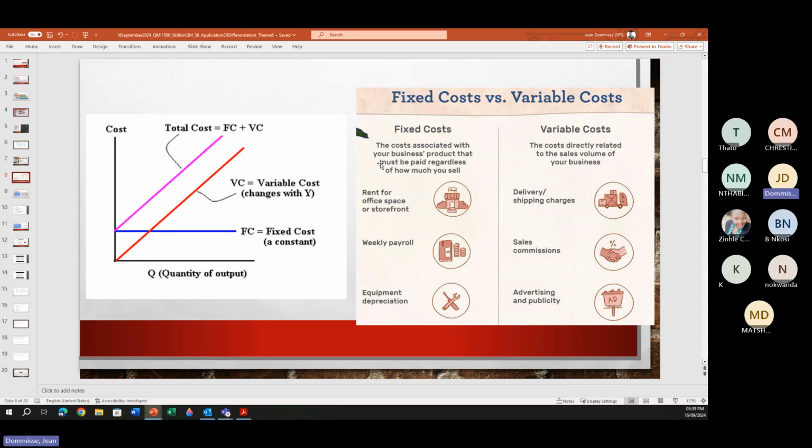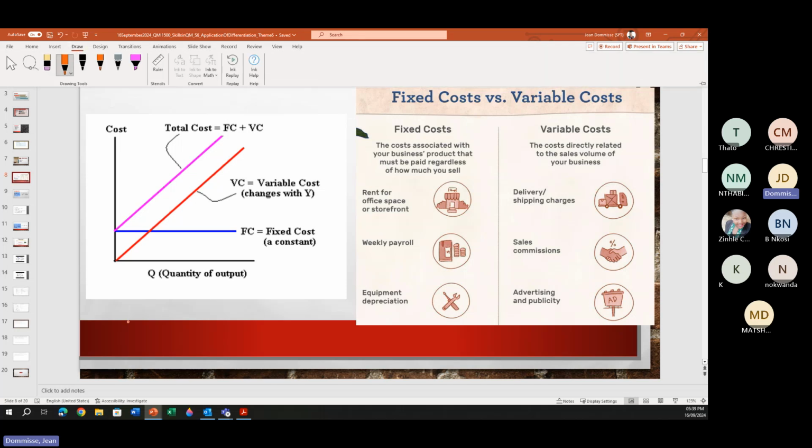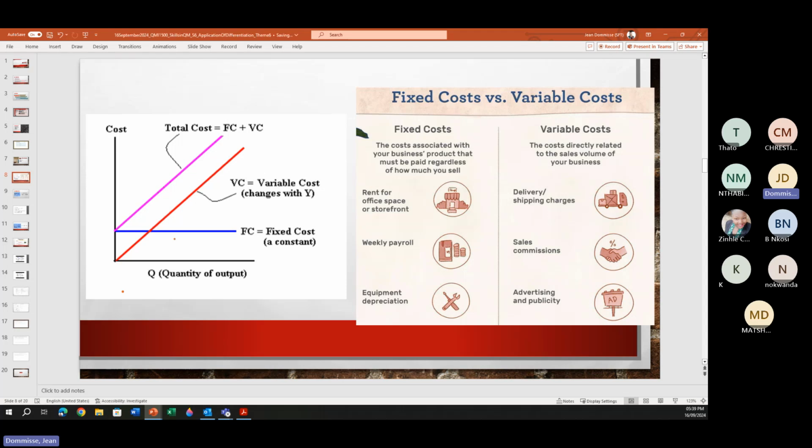The same for the inverse. If you produce less, the likelihood is that your electricity and other costs will come down. So if we had it as a graph, your fixed cost will be a constant.